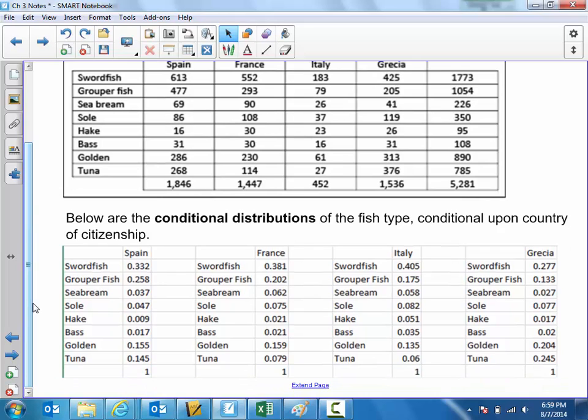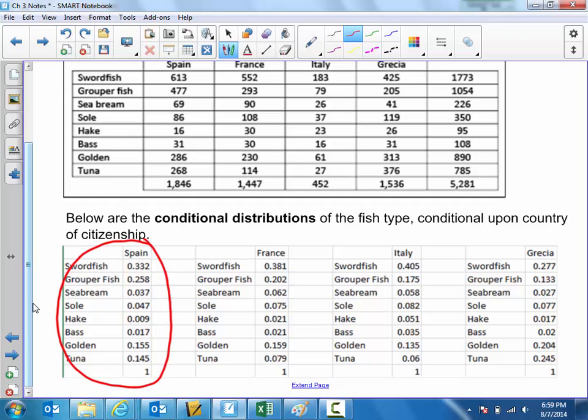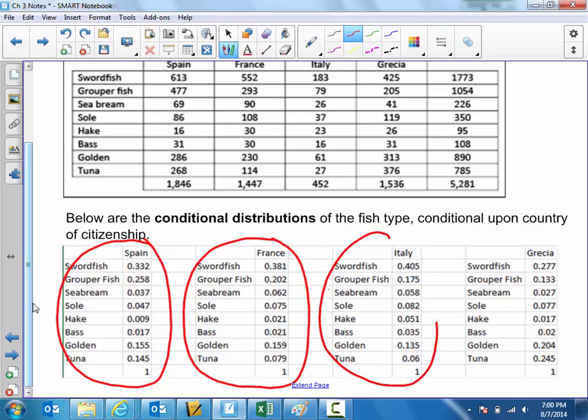Now, to do that, we are going to show the conditional distributions of the fish type conditional upon country of citizenship. So what does that mean? I showed the 8 groupings of preferred fish type 4 times here, just so it's easier to process. Let me circle this first thing. This is one conditional distribution.